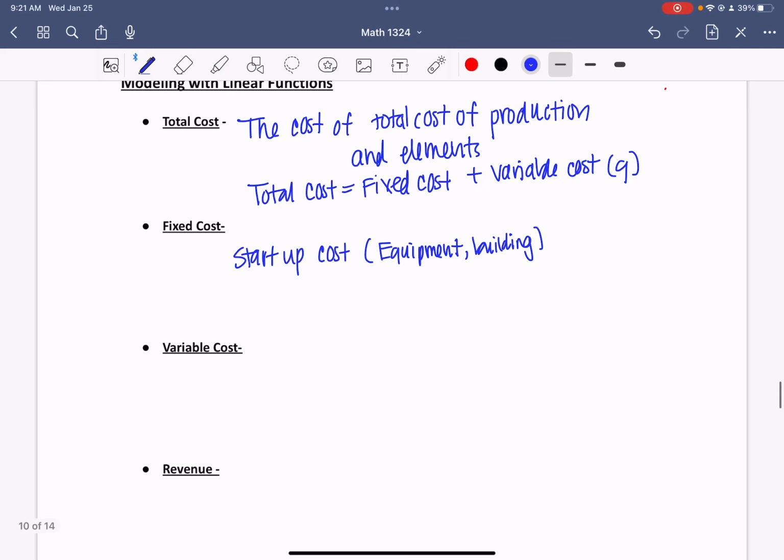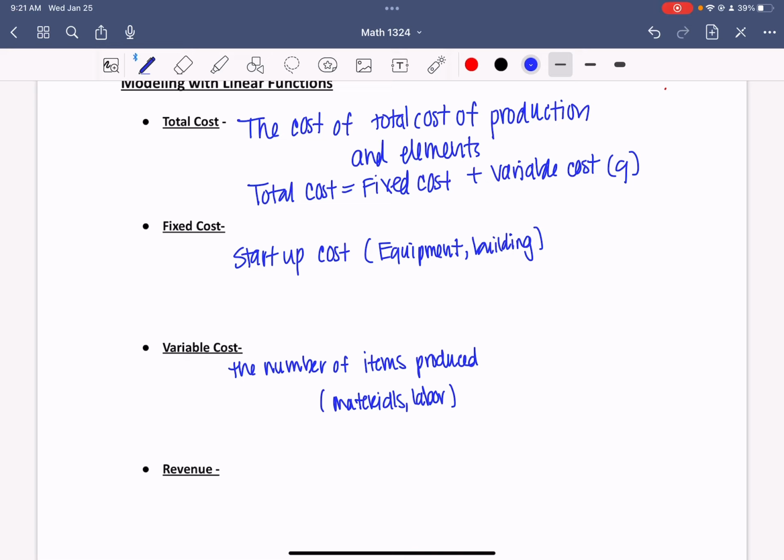Your variable cost is going to be based off the number of items produced. And so the things that are going to go into your variable cost are going to be your materials and your labor. So say we're making a cup.